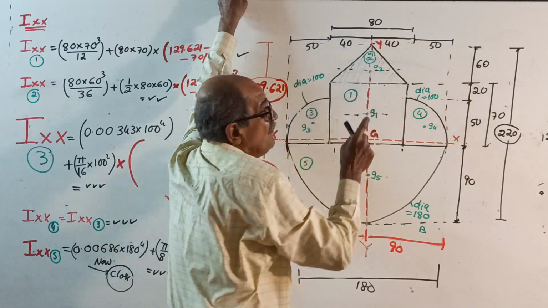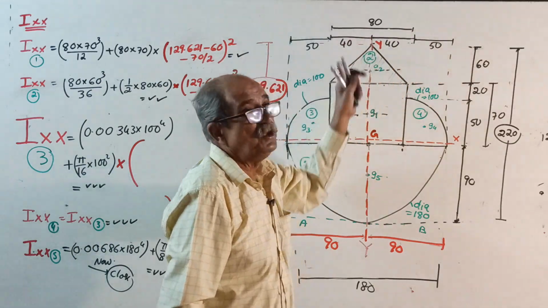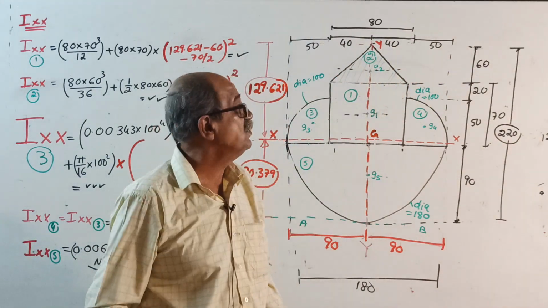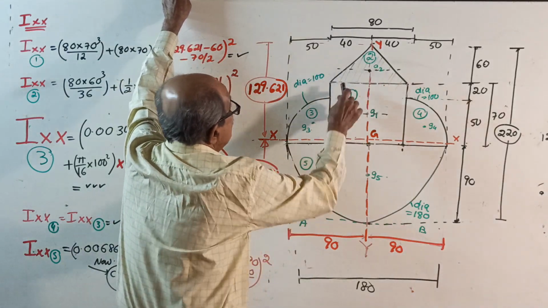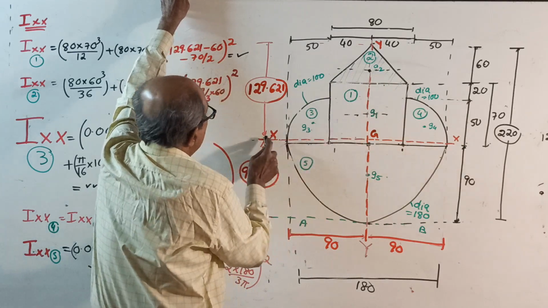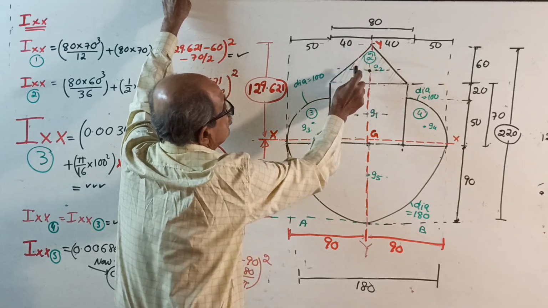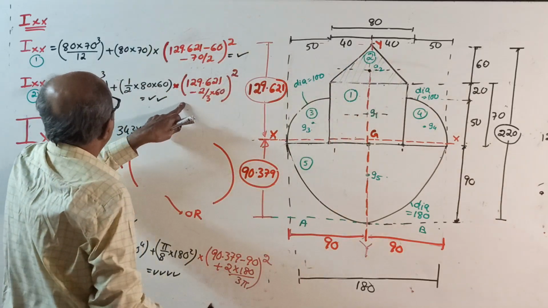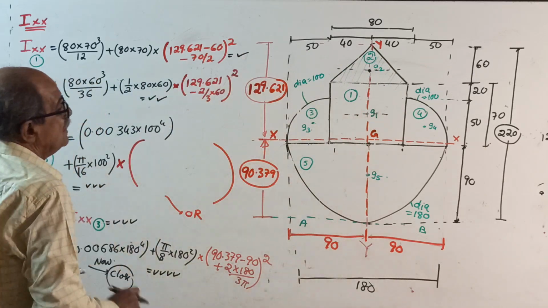That IYY is parallel side 60 into 80 cube by 48. I told earlier. Okay. Now, area into, see, this distance square is 129.621 minus 2/3 of 60 whole square. Right, double right.